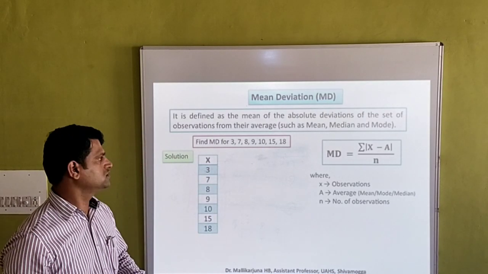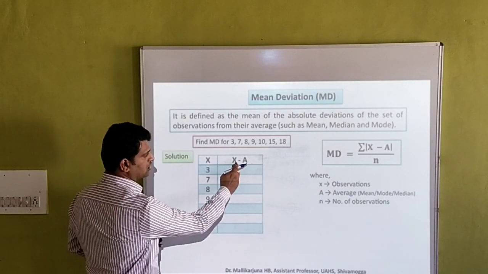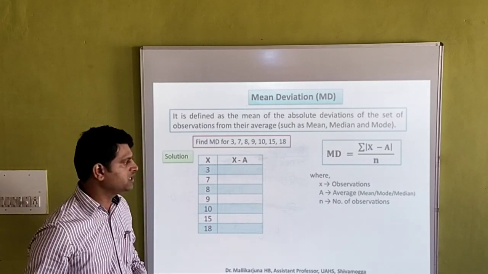The next step is to calculate x minus A, where A is any average, mean, mode or median.